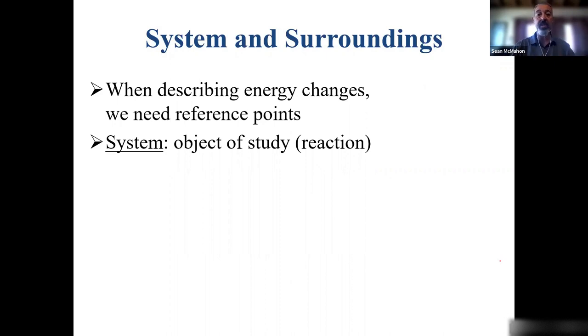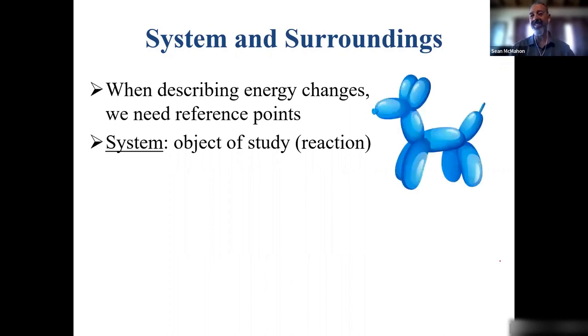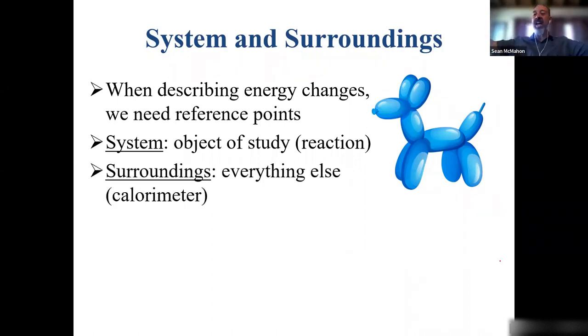When we talk about chemistry, the system is the reaction, okay? So here's the system, this balloon, I'm studying it, right? The surroundings is everything outside of the system, okay? So with the hot water bottle, it lost heat. Why?